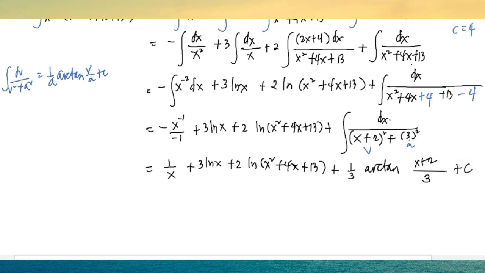And simplifying further, this 3 here will be the exponent of x, so pwede na natin siyang pagsamahin.